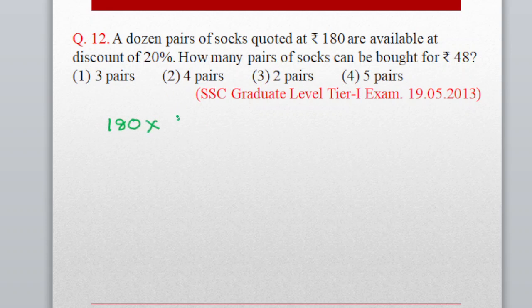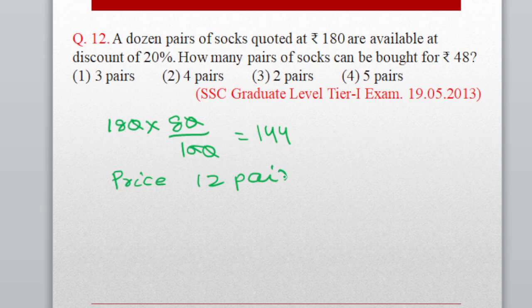That means it will be sold at 80% of 180. So 80% of 180 is 144. That means the price of a dozen pair, that is 12 pairs, is equal to 144.